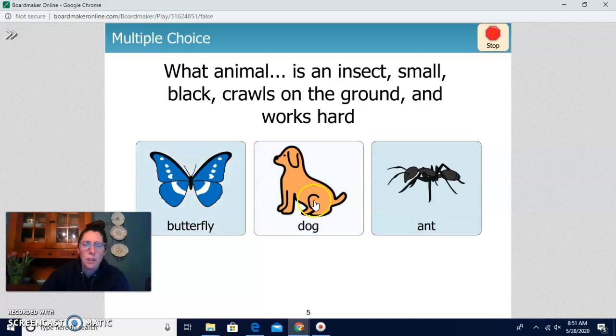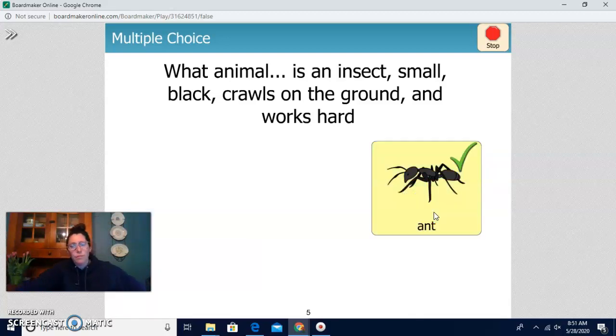No. Is the dog small? No. Is it black? A dog could be black. Is an ant small? Yes. Is an ant black? Yes. I think the answer is an ant. We're right. Awesome job, you guys.